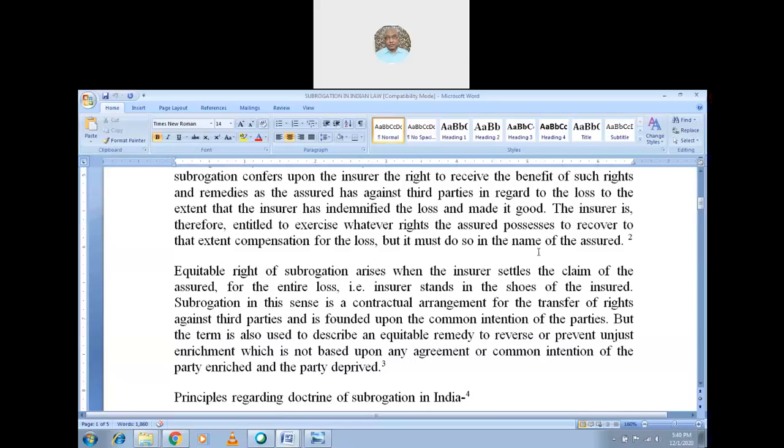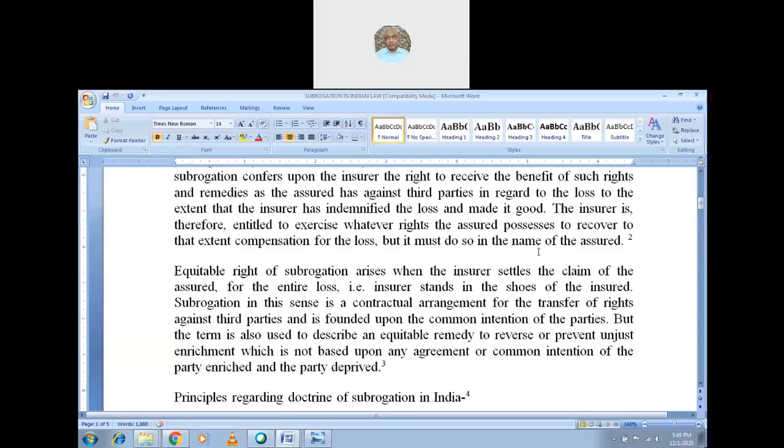So one party is enriched and one party is deprived. Subrogation is a must where the insurer will step into the shoe of the insured and claim the compensation from the third party, where the third party is fully involved in the accident or the event, 100%.